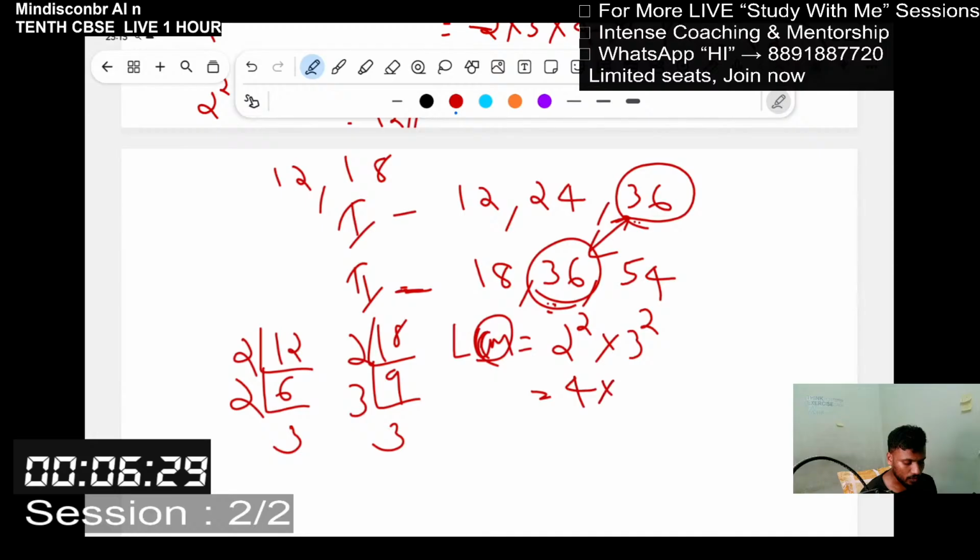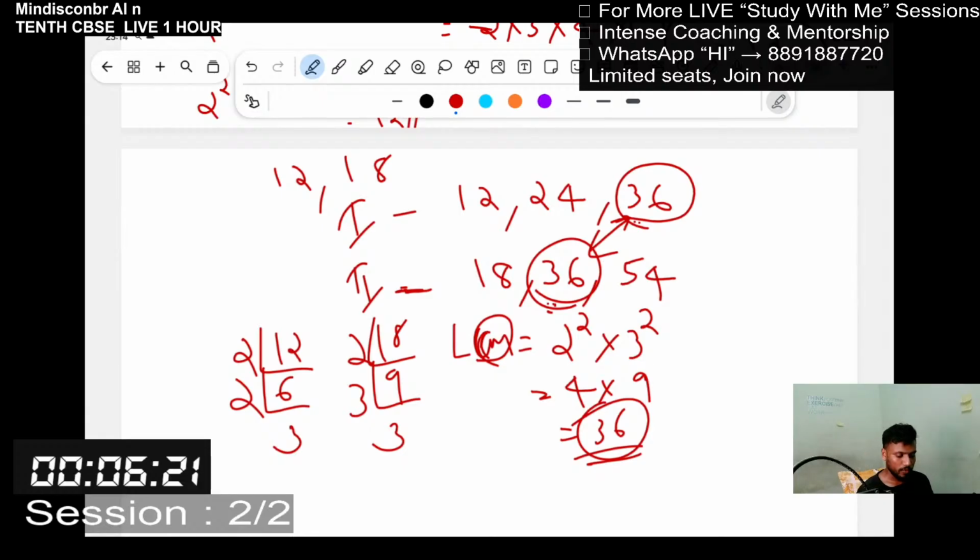That is 4 into 9, that is 36. So we can say that these bells ring together at the 36th minute.